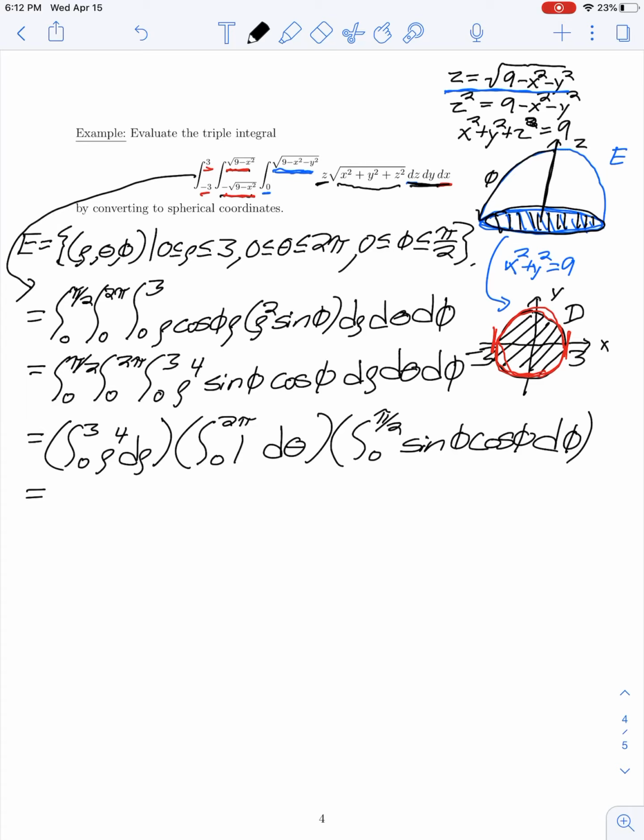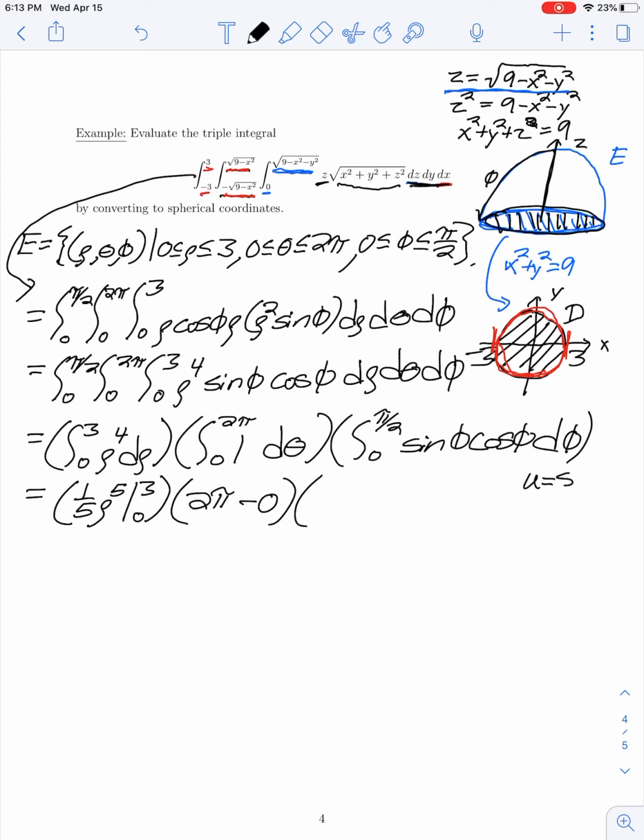So evaluating this first antiderivative, we have 1/5 rho to the 5th from 0 to 3. Integrating the constant function 1 with respect to theta from 0 to 2 pi, we get 2 pi minus 0, or just 2 pi. And evaluating this last antiderivative, we're going to make use of a substitution.